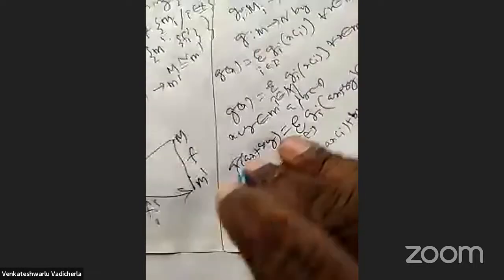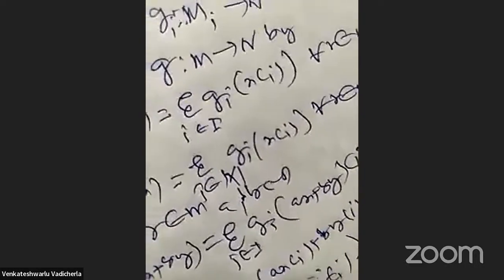Let a, b belong to R. Here g(aX plus bY) is equal to the summation over i belonging to I of gi of (aX plus bY)(i), which is the summation over i of gi(aX(i) plus bY(i)). So this is a times gi(X(i)) plus b times gi(Y(i)), which is a g(X) plus b g(Y).